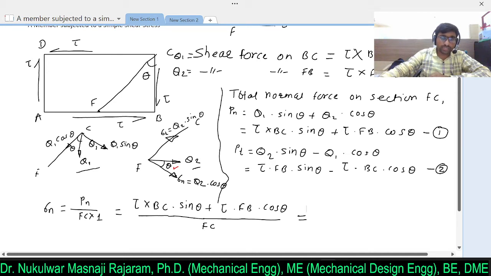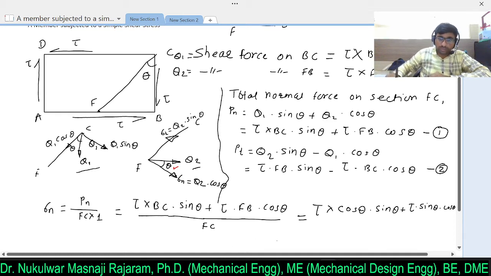That will be cos theta, equal to BC divided by FC. So here tau into BC divided by FC, I will write cos theta into sin theta, plus FB divided by FC, that is nothing but sin theta. Sin theta equal to FB divided by FC. So tau into sin theta into cos of theta.